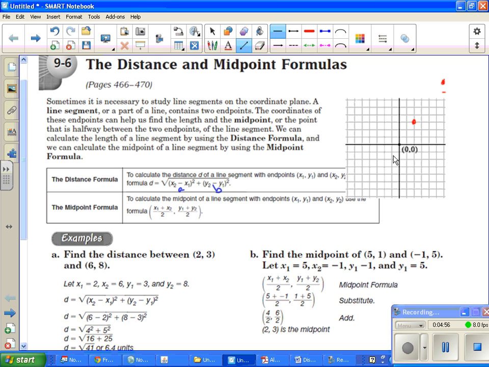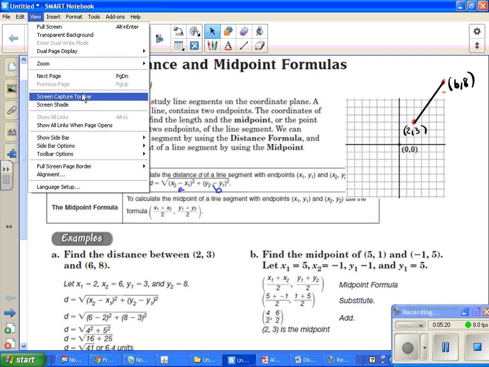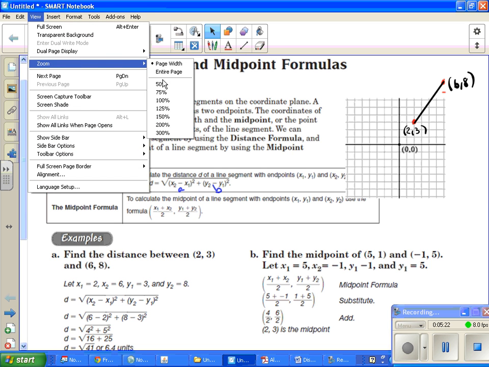And if you think about it, you would have a segment that went something like this. So we need to find the length. Since here's (2, 3) and here's (6, 8), that means x1 is 2. Let me zoom in here a little bit.